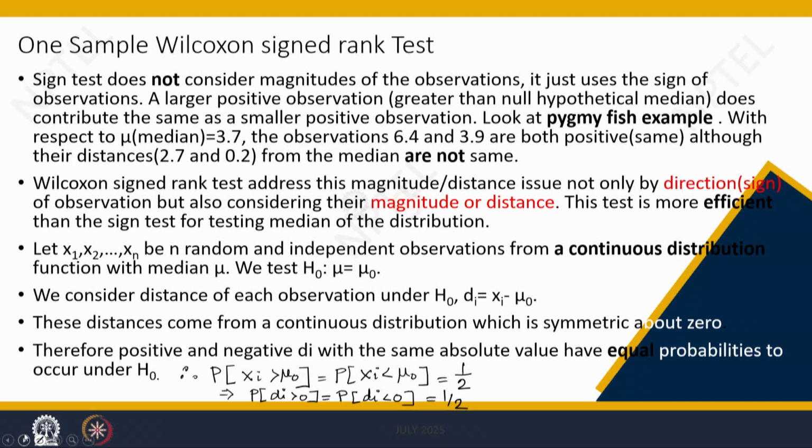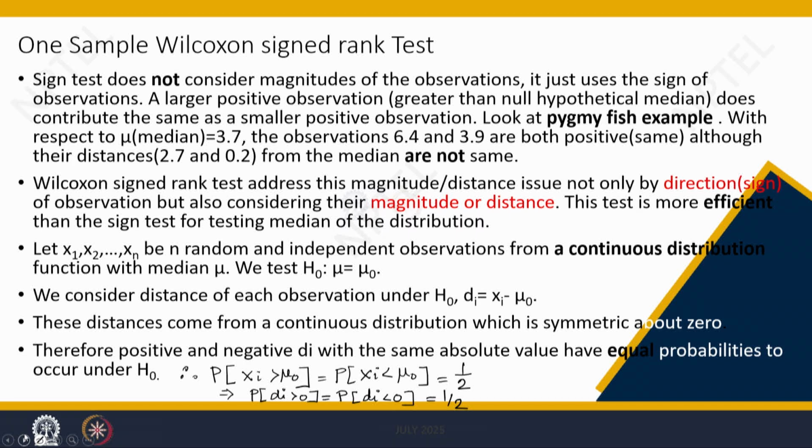So, the sign test does not consider magnitudes of the observation, it just uses the sign of the observation. A larger positive observation greater than the null hypothetical median contributes the same as a smaller positive observation. Look at the pygmy fish example, we just did that example.